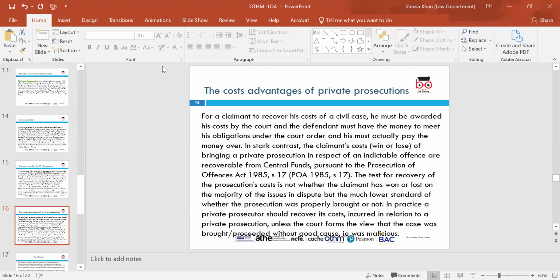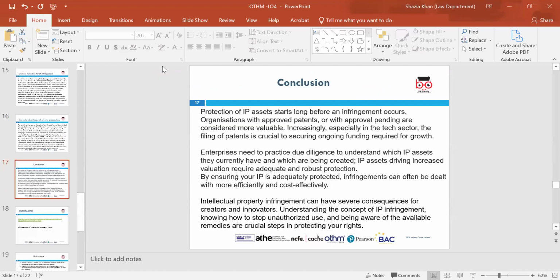If you want to trade with different countries, you need to make sure that you have protection in place, and that intellectual property protection is built into the agreement. If you're trading with any countries in Europe or in America, they have their own laws in place, and their own territories have their own laws in place.